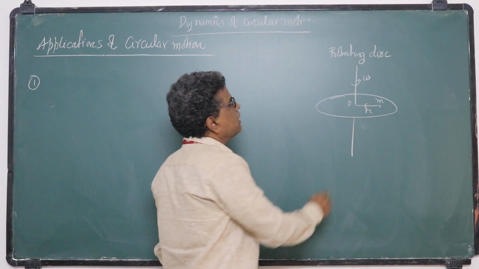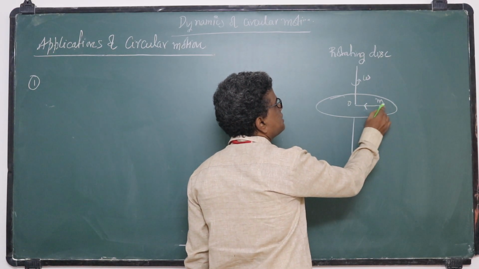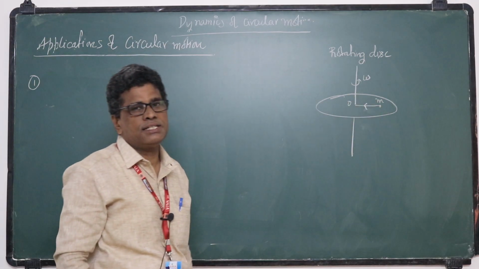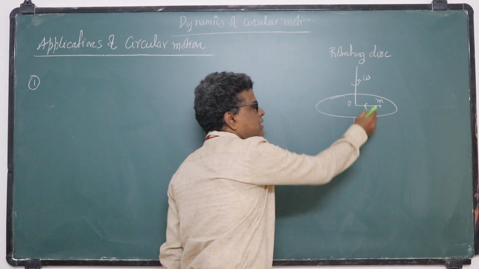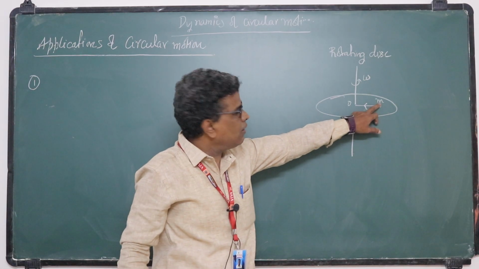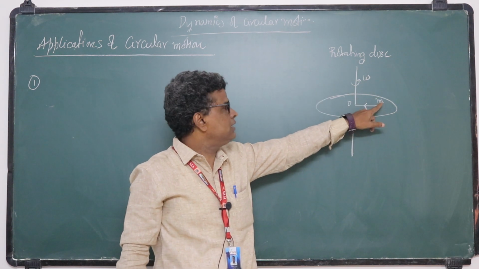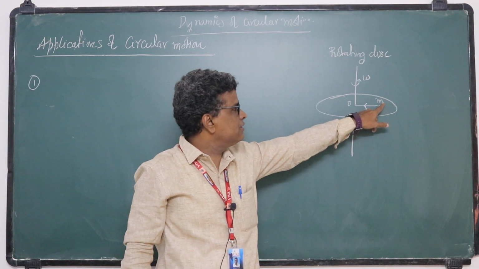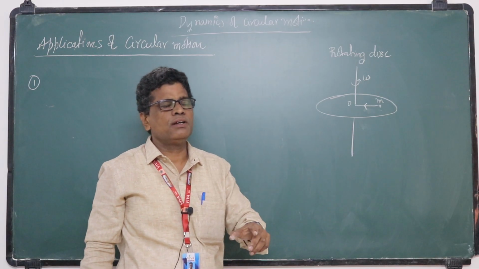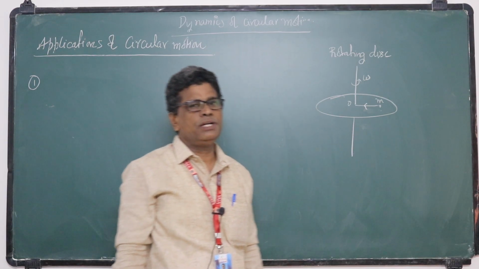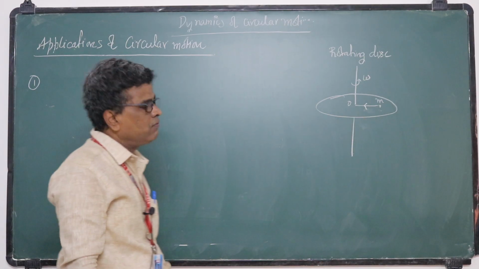The frictional force between this block and the surface provides the necessary centripetal force to this object. The block is rotating along with the disc, so it requires a centripetal force that is provided by the frictional force between the block and the disc. If there is no friction, it will simply slip, so it can't rotate along with the disc.